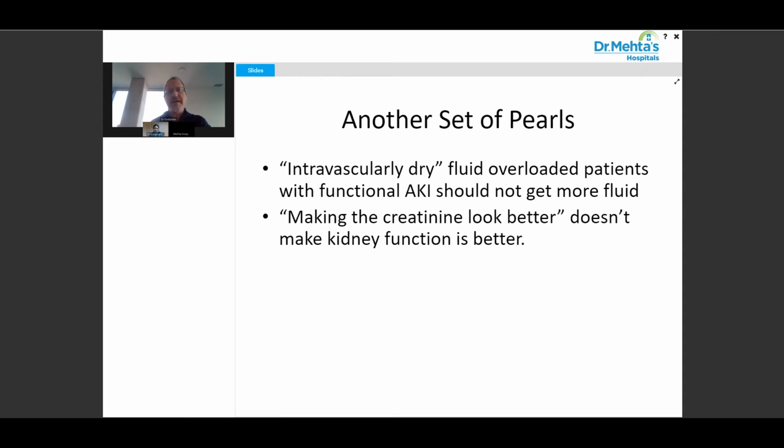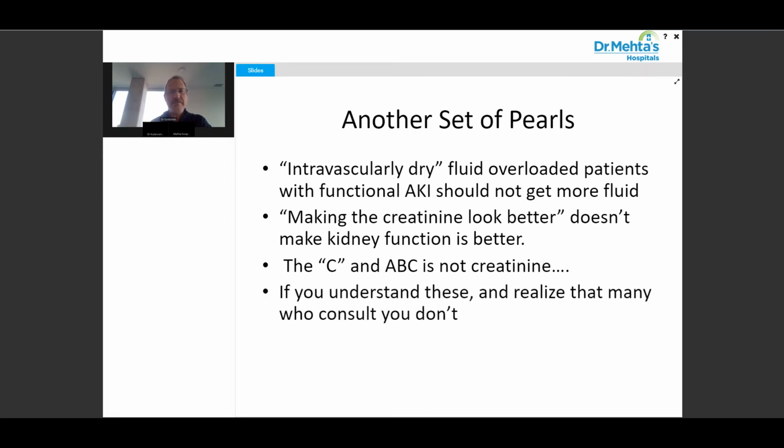You have to understand that creatinine is a functional marker, not a structural marker, and you have to take it into context. The C in ABC is not creatinine. If you understand these and realize that many who consult you don't, you get to call yourself a nephrologist in public and you have job security.